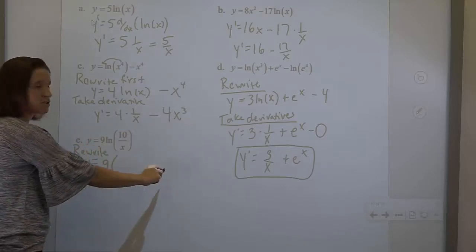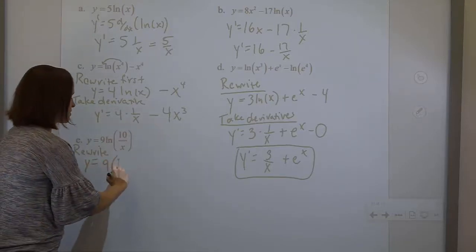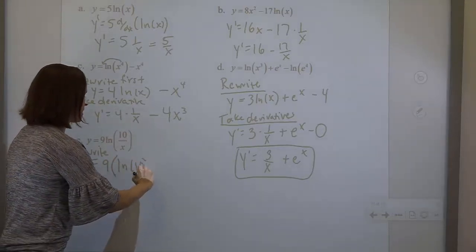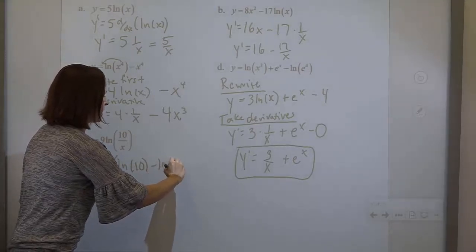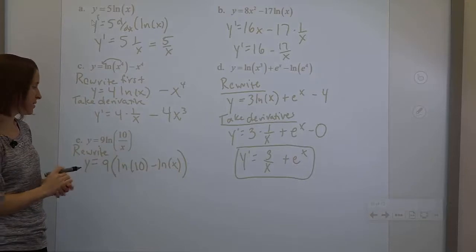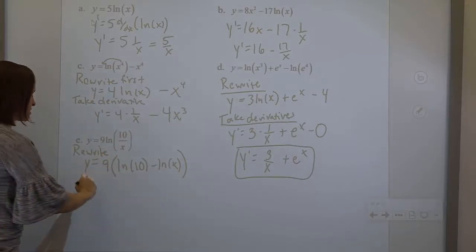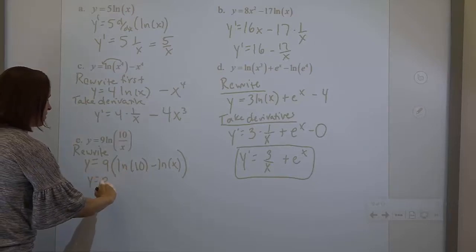So now that there's going to be two terms, I need parentheses to say the 9 goes with each of them. So we're going to have ln of the numerator minus ln of the denominator. No calculus whatsoever. This is just rewriting with algebra laws of logs. And so you may want to go ahead before you ever take the derivative and distribute that as well.